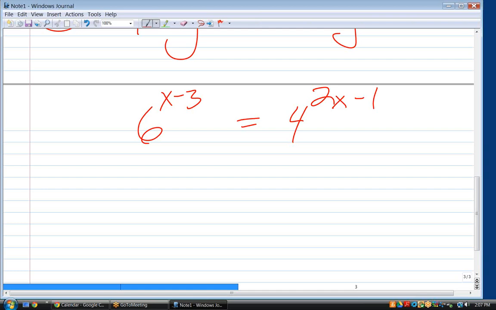We don't have a common base, as you mentioned here. In other words, if this was 8 instead of 6, then we could call it 2 cubed, and we could call this 2 squared, and we could solve it without resorting to logarithms. But because it's a different base, the best way to solve this is to take the log of both sides.